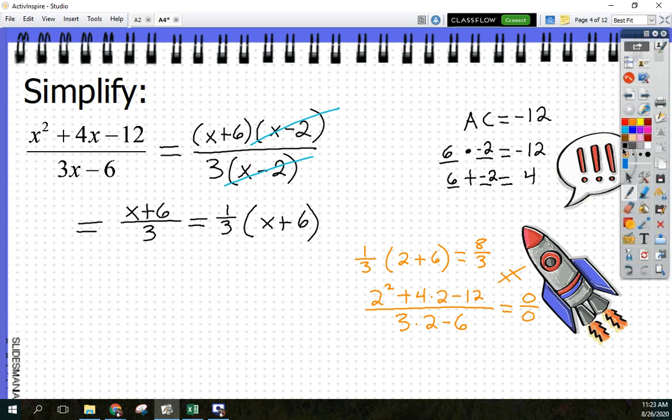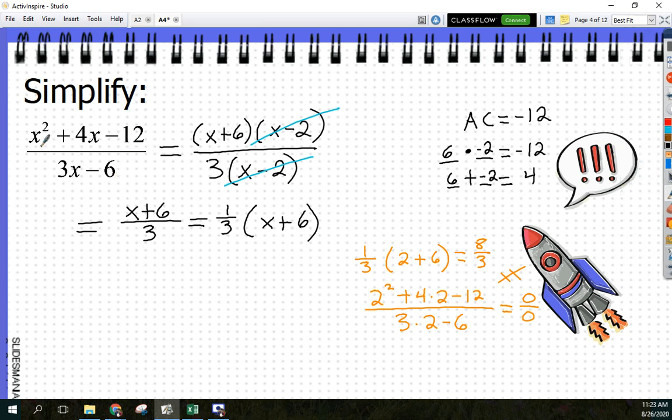So remember that for our rationals, our denominator is not allowed to equal 0. And because it's not allowed to equal 0 here, it's also not allowed to equal that same thing that would have made it 0 here. So notice that 2 is what's going to make my denominator 0 in this case, which means that x cannot equal 2 for my beginning fraction, which also means that I will have that same restriction that x cannot equal 2.